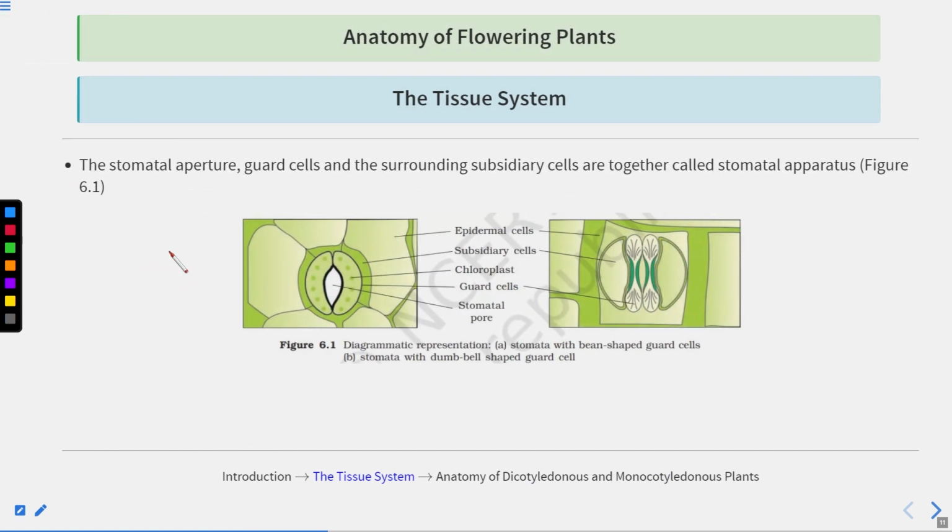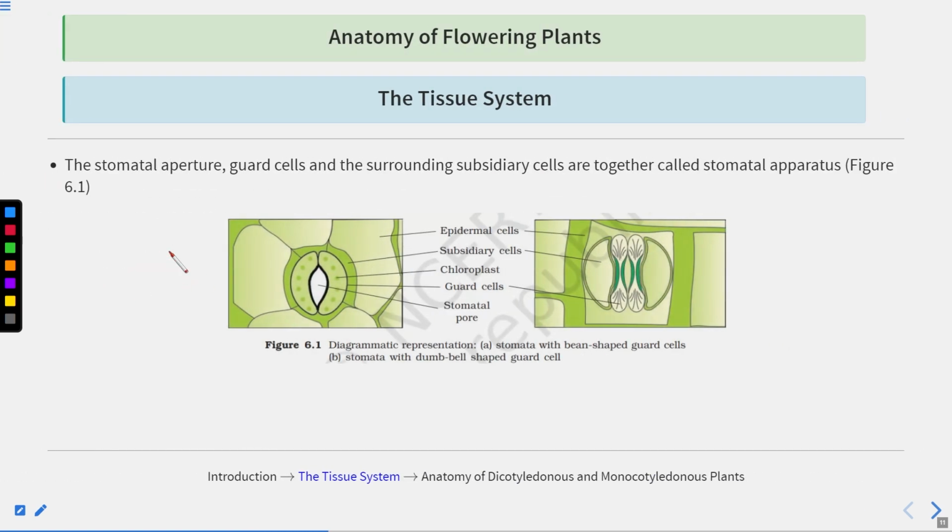Here you can see both types of stomata. The stomatal aperture, guard cells, and the surrounding subsidiary cells are together called the stomatal apparatus.